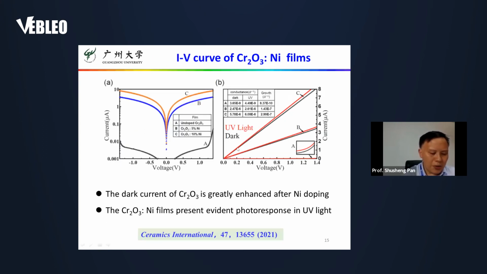The dark current of chromium oxide is greatly enhanced after nickel doping, and the films present evident photoresponse in UV light.